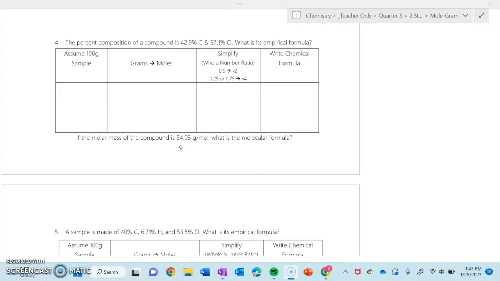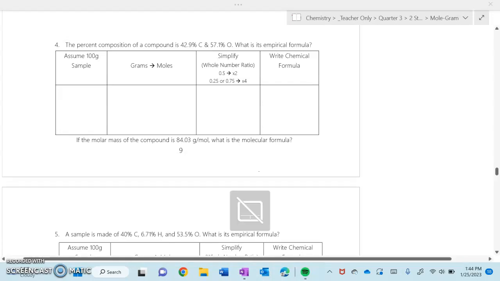Because these are real chemical formulas, it will come out to a whole number, because the subscripts in chemical formulas are always whole numbers. So we can count on that working out for us. We do not want to round, and we'll keep a handful, 3 to 5 decimal places, until we get to writing that chemical formula. Okay, so that's just a little disclaimer about rounding for writing formulas.